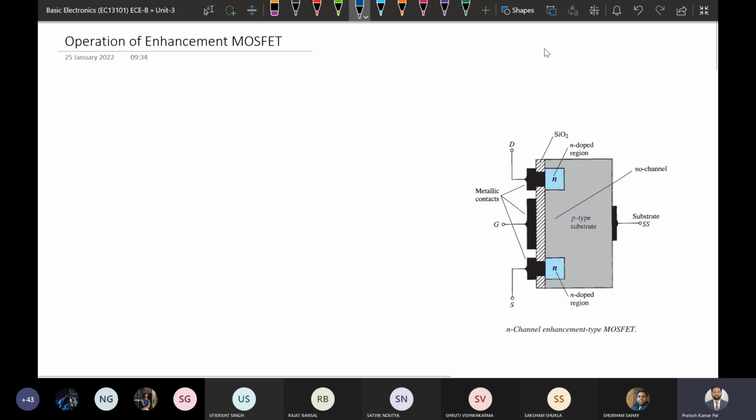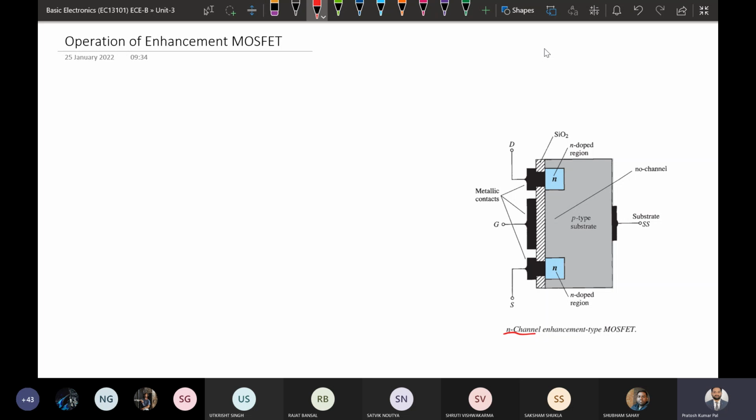In construction, we have already seen there will be a substrate. On that, we will have two different N regions. If it is an N channel enhancement type MOSFET, two different N regions will be deposited, with respect to diffusion, like two different regions will be diffused.